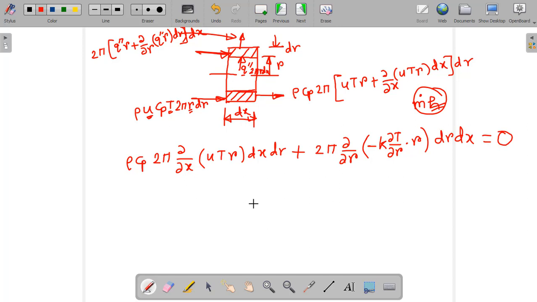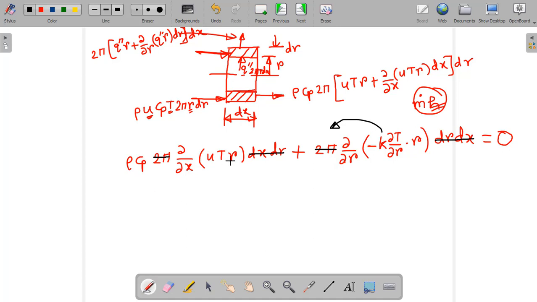From here you can simply omit dx dr, that quantity will cancel, and 2 pi also cancels. You can take k out of the differentiation and divide both sides by rho cp.